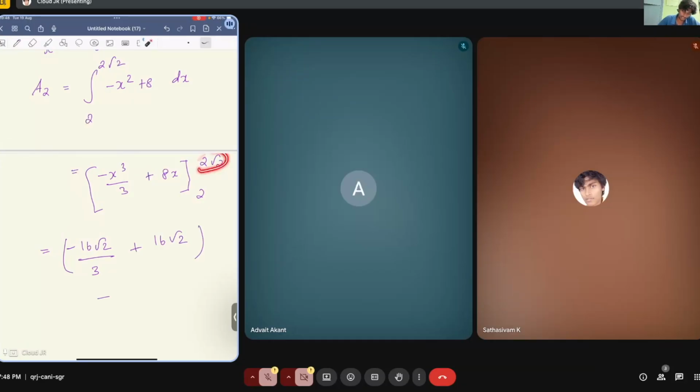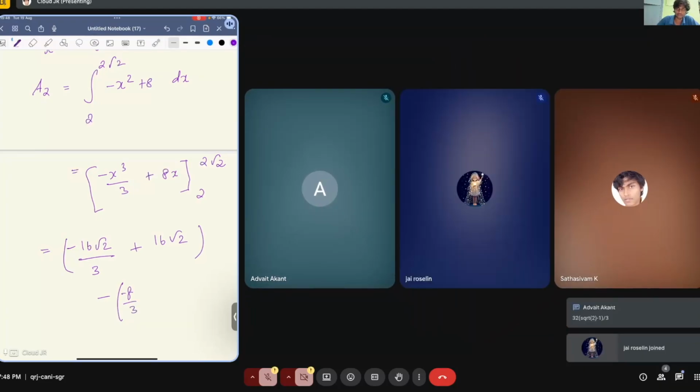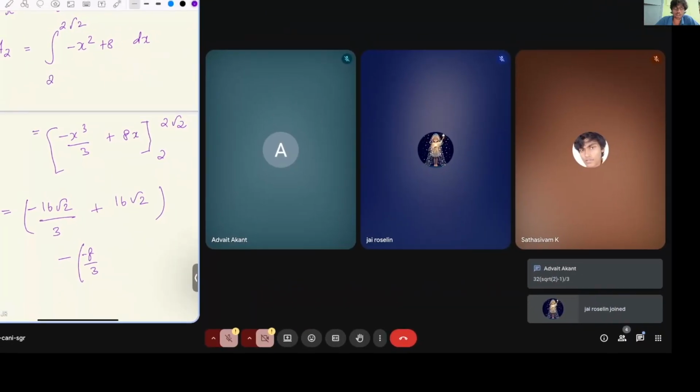Whenever I write f bracket, let's say from a to b, that means f of a minus f of b. That's what the notation means. So minus that is 8 minus 8 by 3.